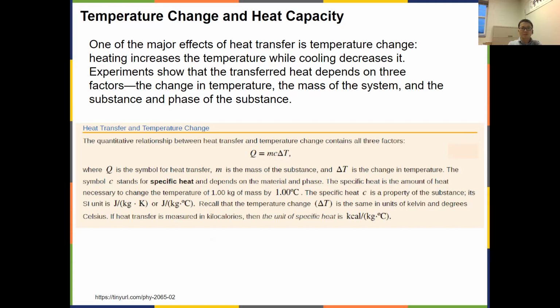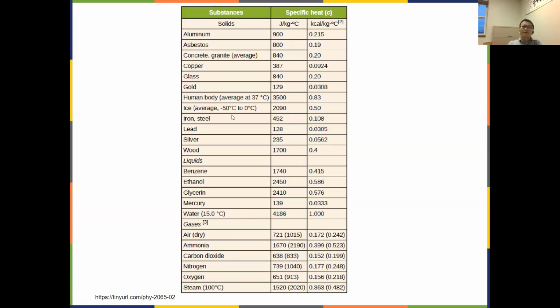When we talk about change in temperature, calculating in Celsius gives the same result as in Kelvin, because the Celsius temperature is just a shift of 273.15 degrees from Kelvin. So the SI unit will be either joules per kilogram Kelvin or joules per kilogram degree Celsius.